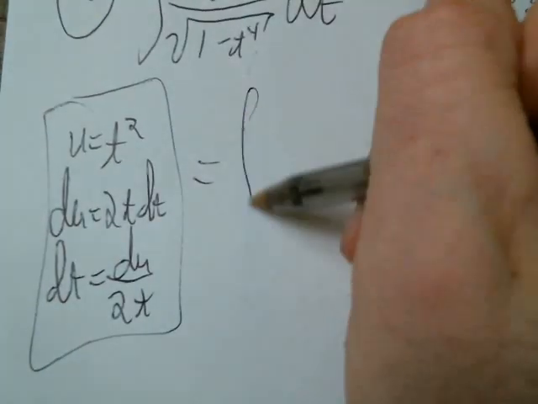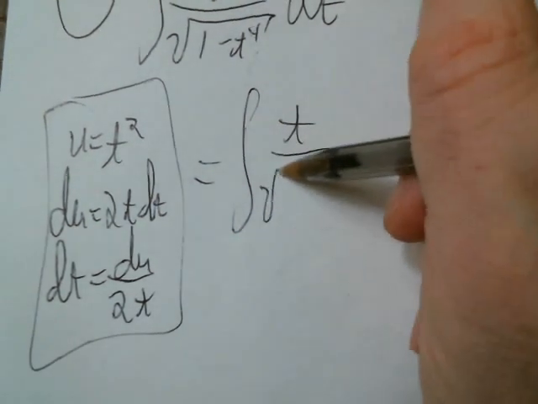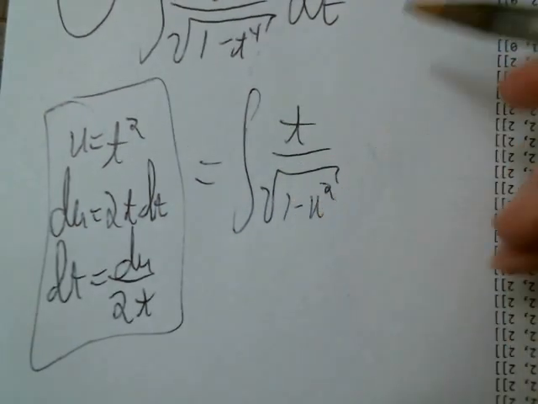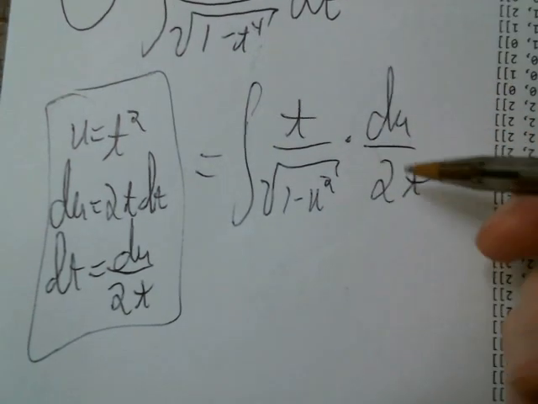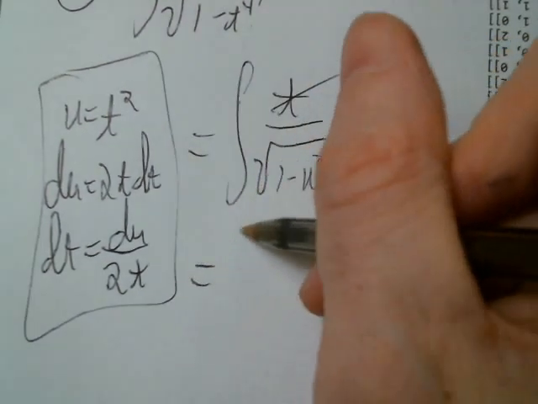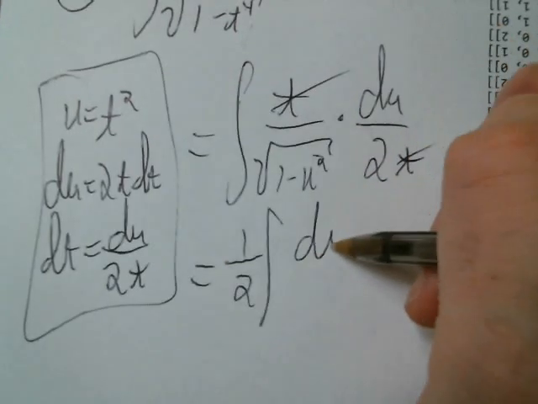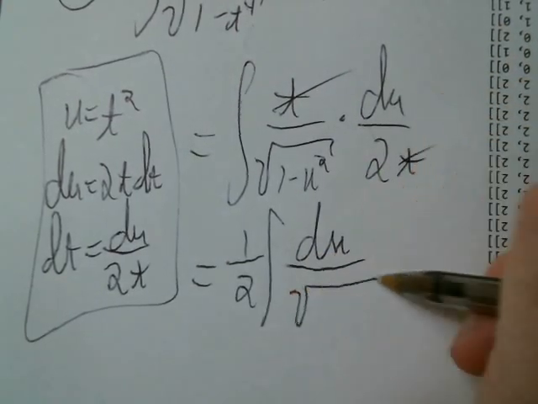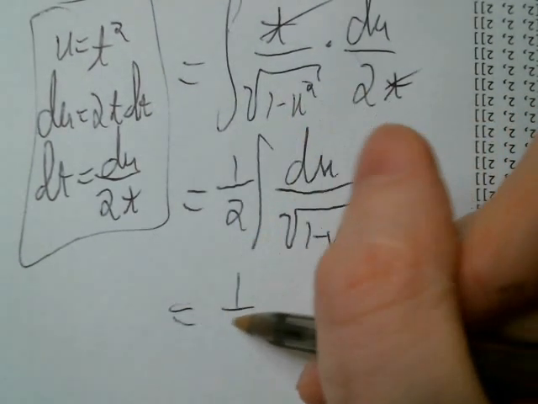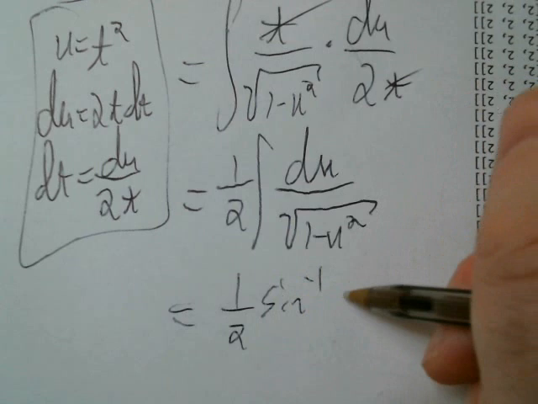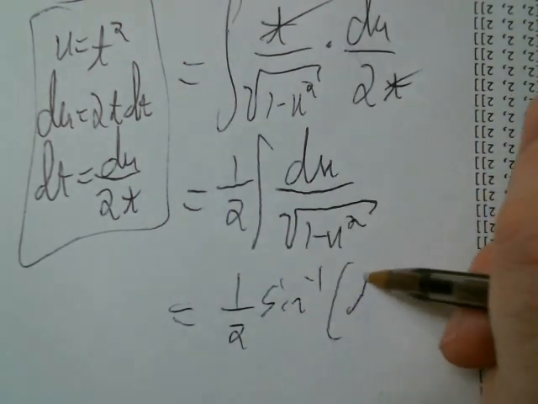So subbing, I get t all over the square root of 1 minus u squared times dt, which is du over 2t. T's cancel, you can factor out 1/2, and you're left with an inverse sine integral. We need an inverse tan integral somewhere. So you get 1/2 sine inverse of u, which is t squared.